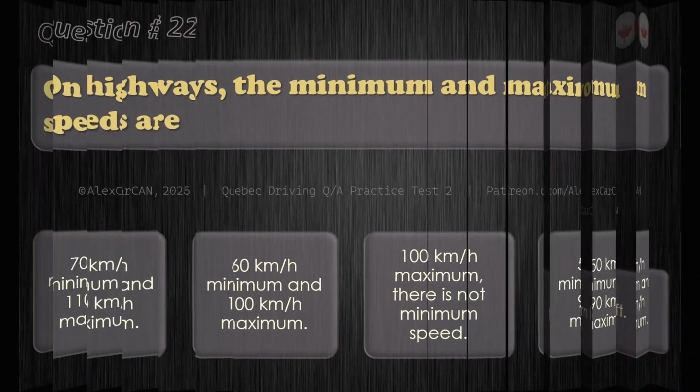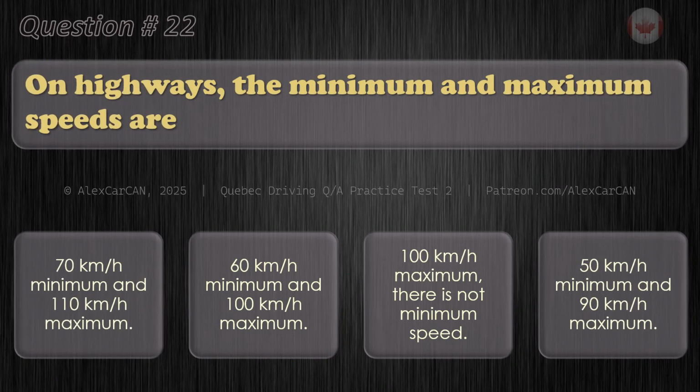Question number 22. On highways, the minimum and maximum speeds are 70 km per hour minimum and 110 km per hour maximum. 60 km per hour minimum and 100 km per hour maximum.